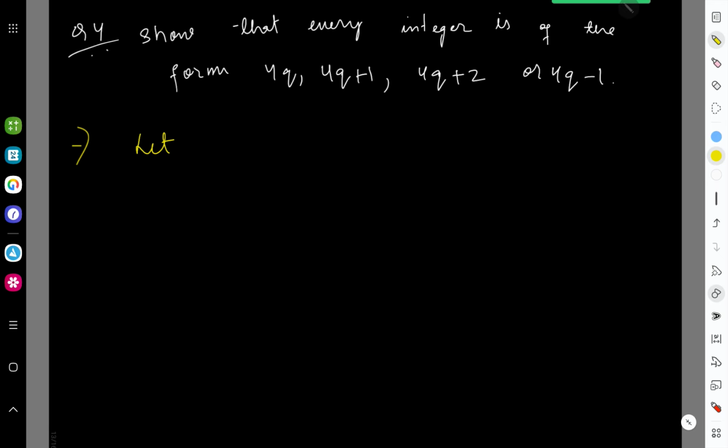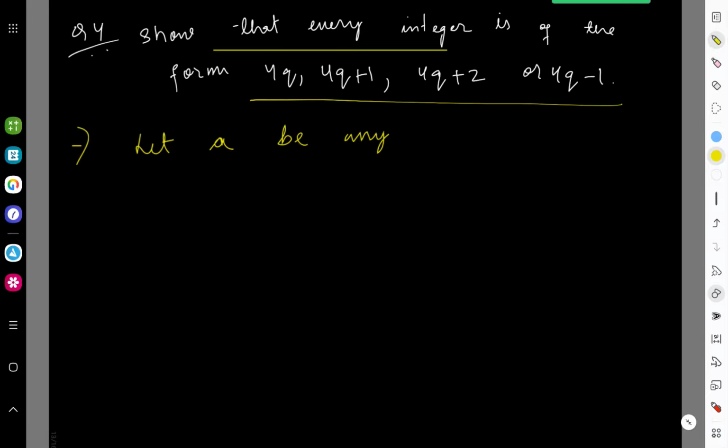Let a be any integer, because we have to show that every integer can be written in the form of this expression.